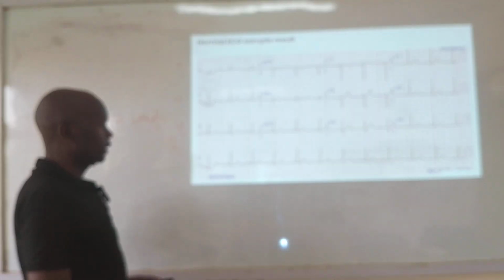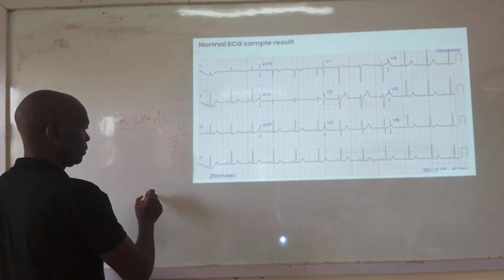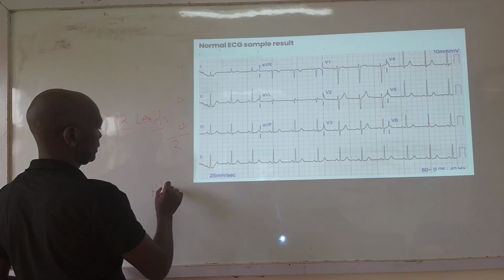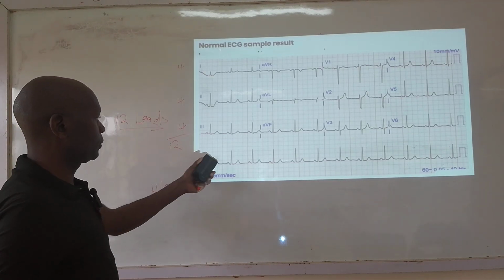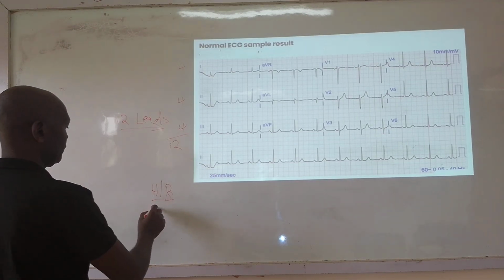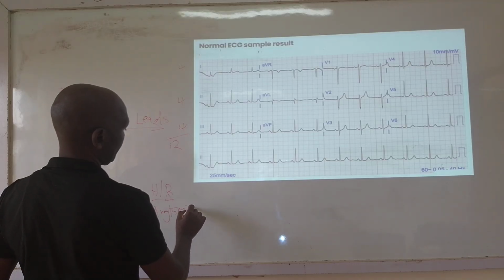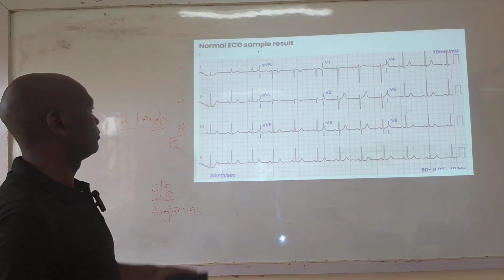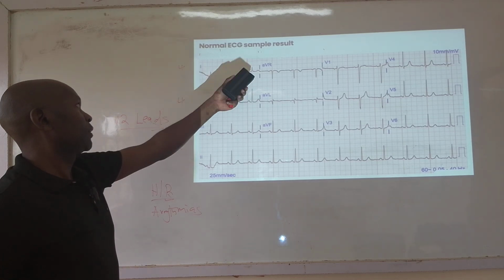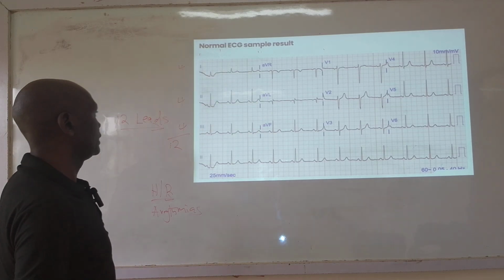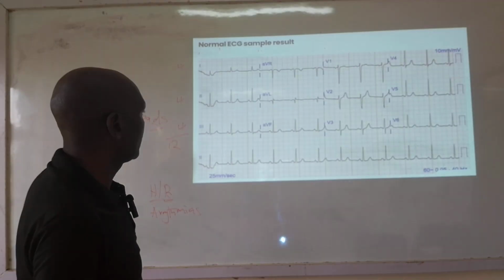This one is usually used when you want to look at the heart rate. So you use it to calculate the heart rate and even to check arrhythmias. This one here.